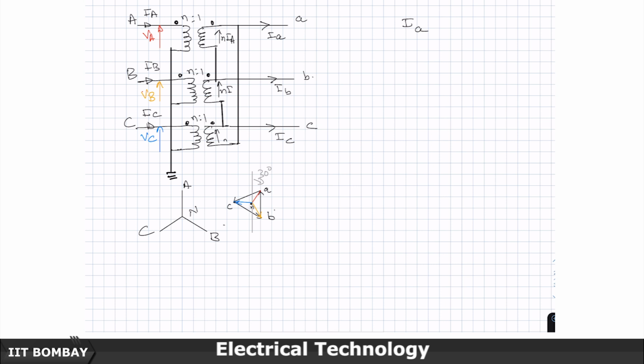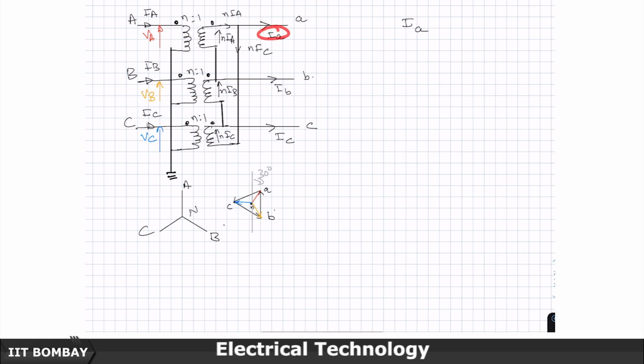Similarly, this current is going to be NIB, and this current is going to be NIC. So NIA current comes here, and what goes away? This one, NIC. So you are actually having NIA coming here, and what is going out from here is NIC. And so what is IA?